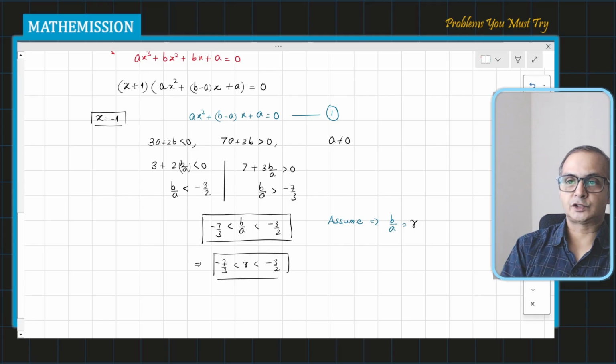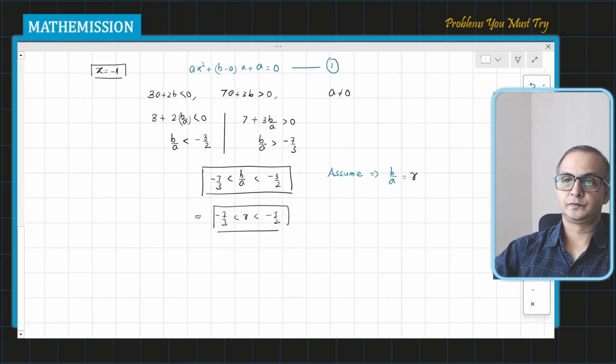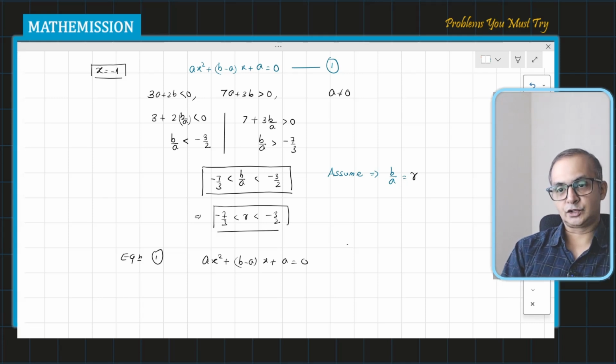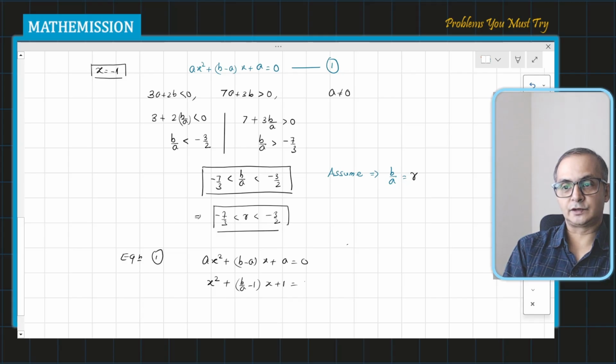So just observe equation number 1. This is ax squared plus b minus a x plus a is equal to 0. If I divide the entire equation by a, that will turn into x squared plus b by a minus 1 times x plus 1 is equal to 0.